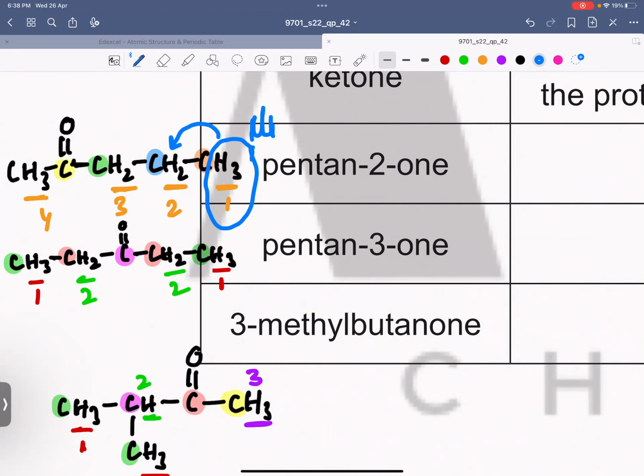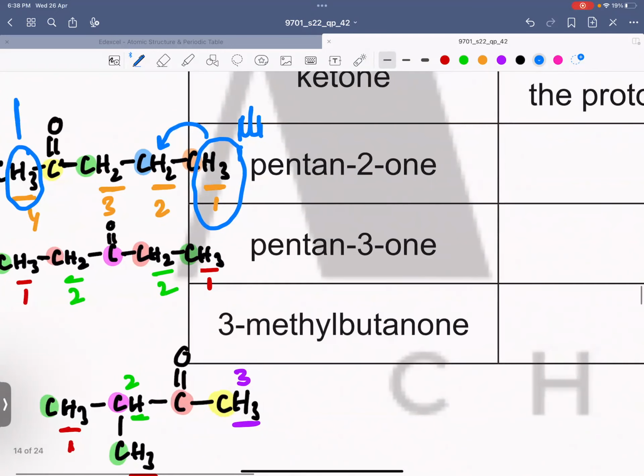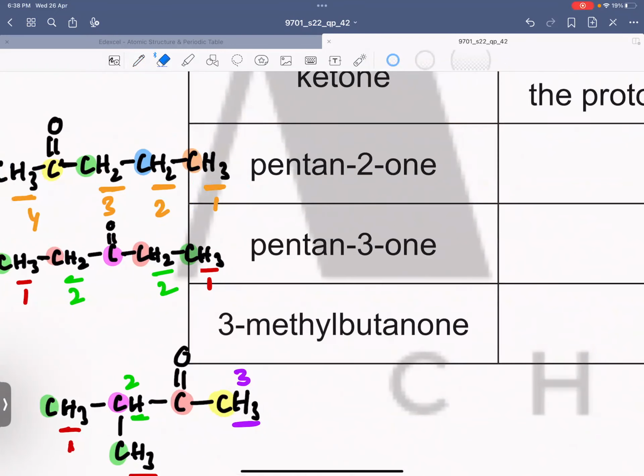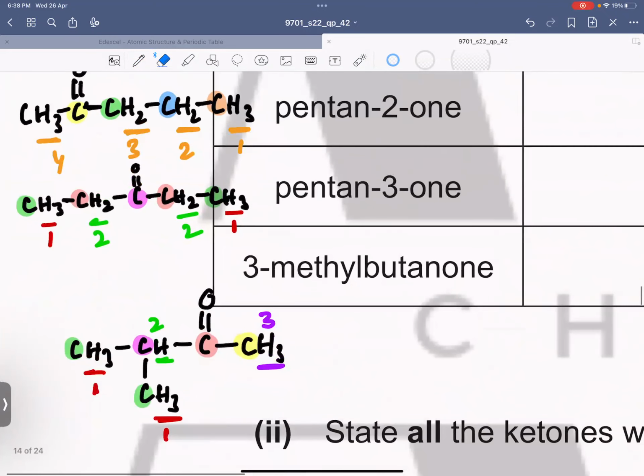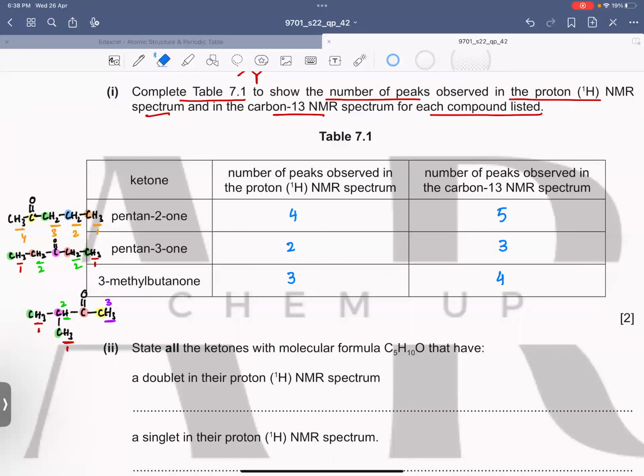In the same way, these 3 hydrogens are going to show me a signal, but on the neighboring carbon there is no hydrogen, so it would be a singlet. So the neighboring carbon tells me how the signal is going to split, but the number of hydrogens on a specific carbon, and when we look into its neighbor, tells me whether these hydrogens are actually different from this one or not. That helps us identify how many signals we can obtain in the proton NMR.